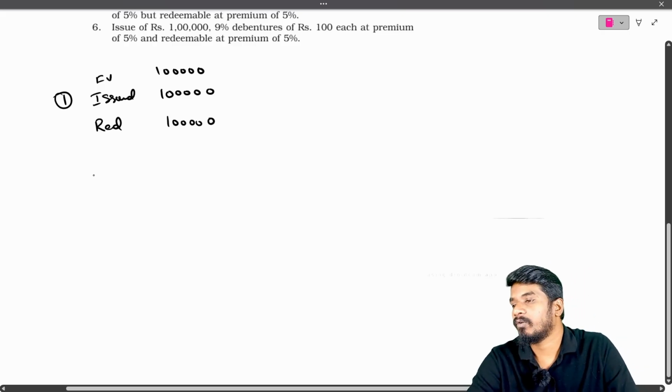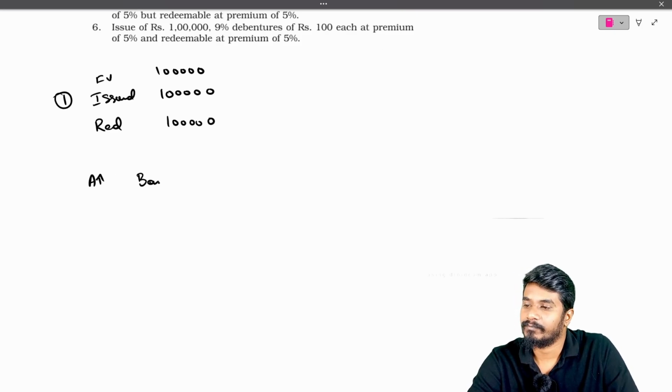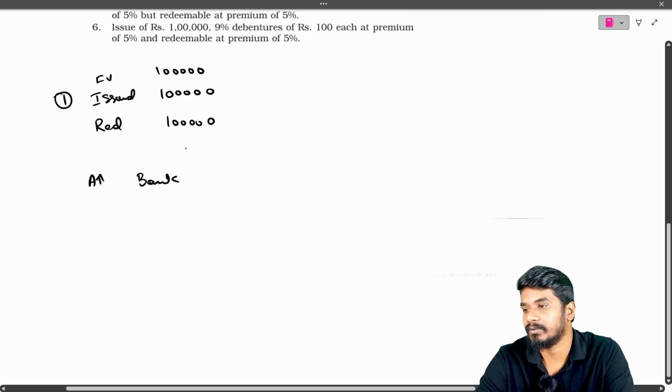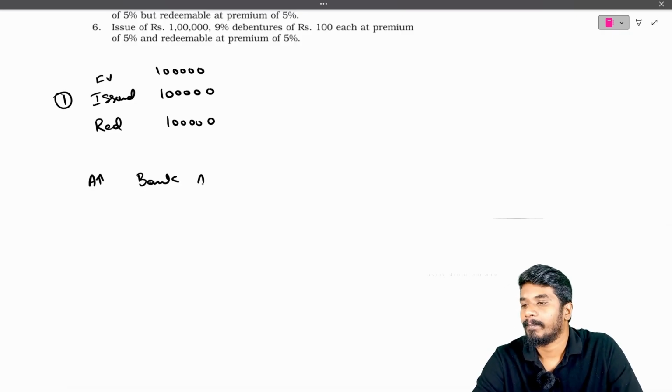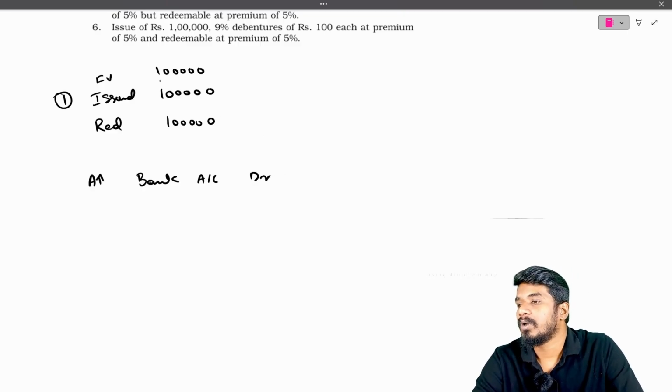The first entry, obviously, we have discussed in the basic video. If an asset increases, first we will receive the money from the debenture holders. If we receive the money, the bank account will increase, so we will debit that, for 1 lakh rupees, whatever we will receive, correct?